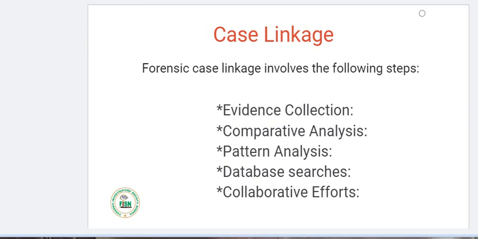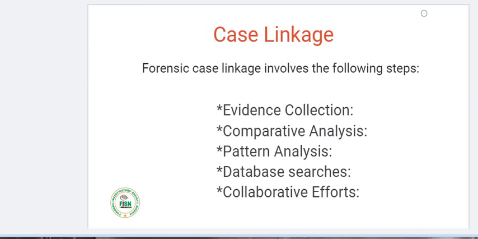So by the time we analyze different evidence from different crime scenes, it is possible for us to link the two together. It is possible for you to know whether the same perpetrator was involved in the first and the second or in multiple crime scenes that we are investigating.